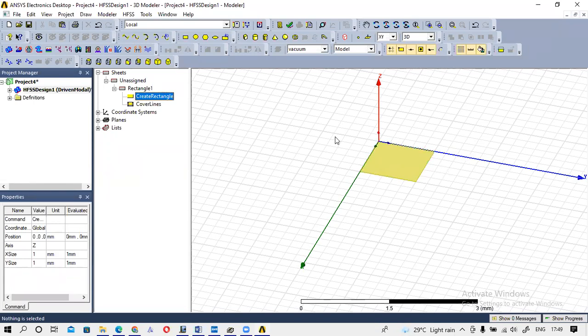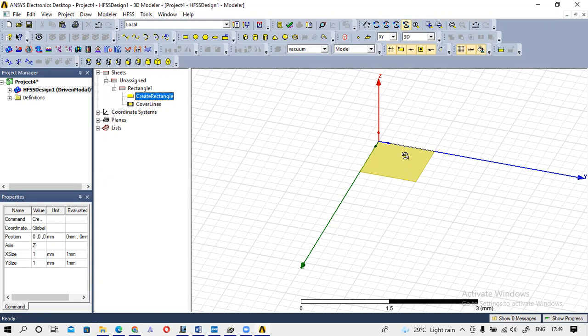It is not compulsory, you can do the designing as it is, but for me it is easier to change the orientation to the usual form. These tools we can use to change the orientation.